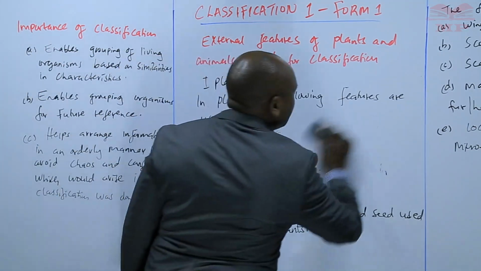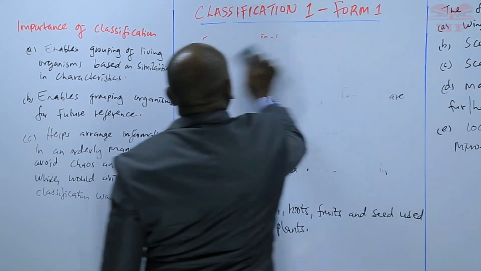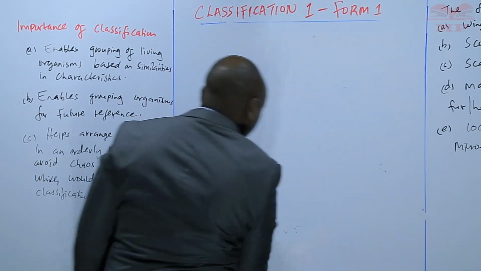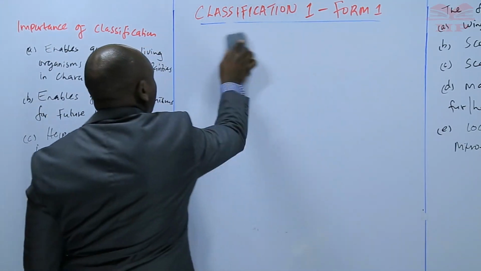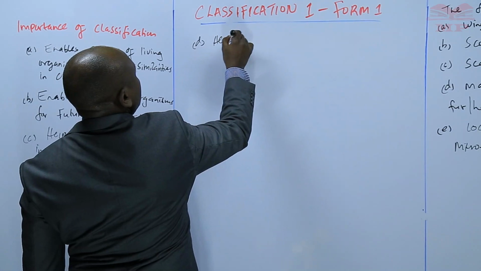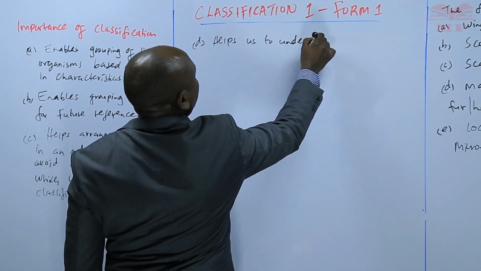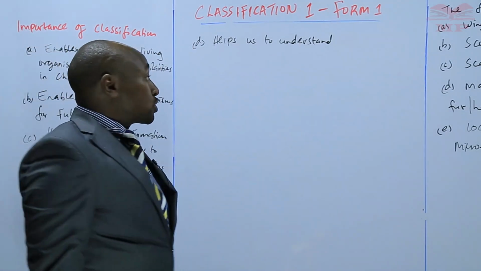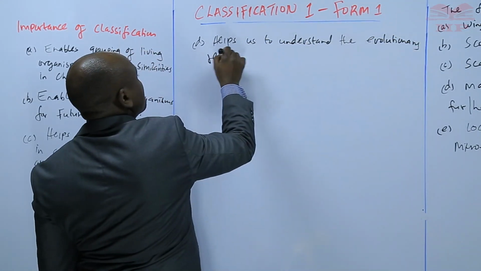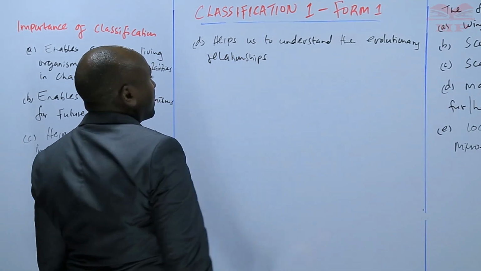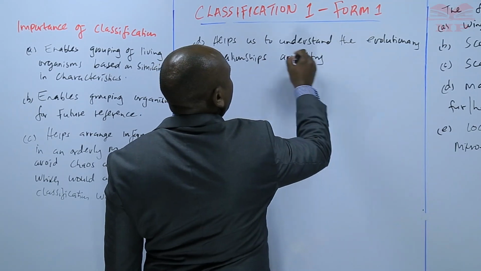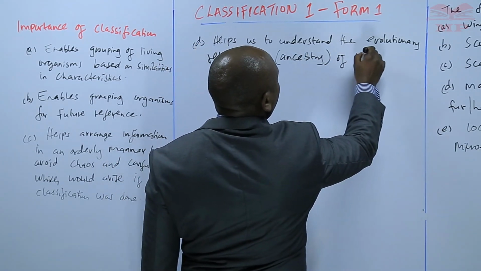Lastly, number D, it helps us to understand the evolutionary relationships, that is ancestry of living organisms.